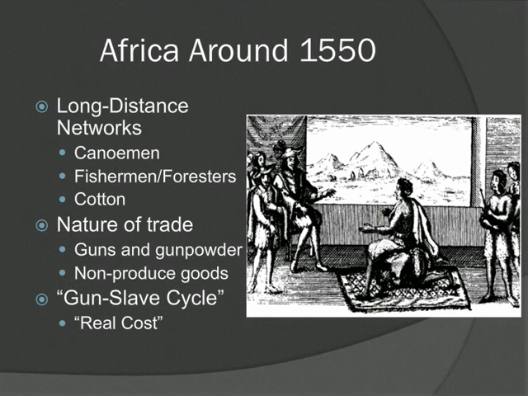Here I'll give you some numbers about the real cost of a slave. In London, at about the turn of the 16th century, a slave was worth 600 pounds of sugar or 16 guns, but you could get one in Africa for 8 guns.